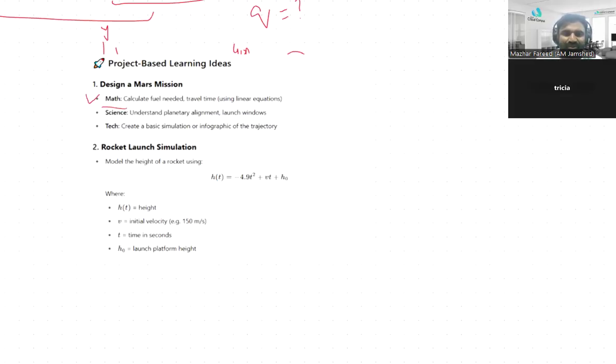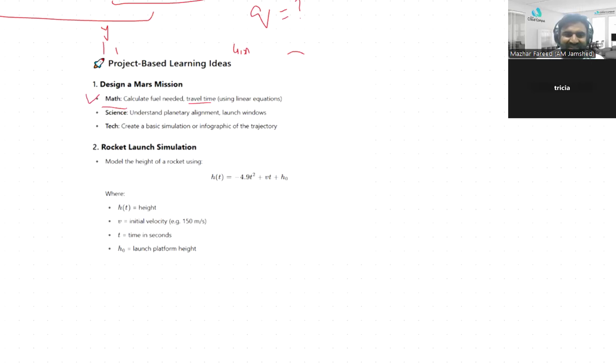They calculate the fuel, which type of fuel is used, how much fuel is used to go there, and the time duration. All these things are calculated using linear equations. This is the use of algebra in science exploration.